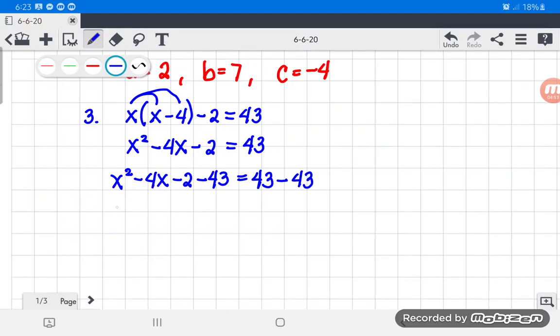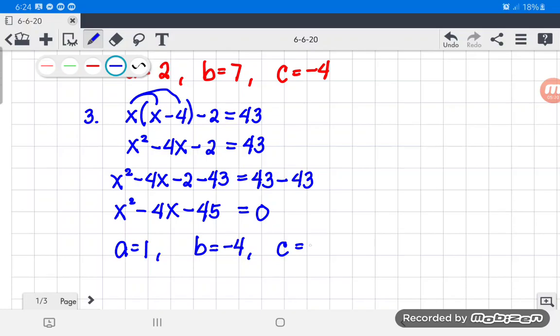So we have x squared minus 4x, then negative 2 minus 43, that is negative 45, equals 0. So the value of a here is 1, the value of b is negative 4, and c is negative 45.